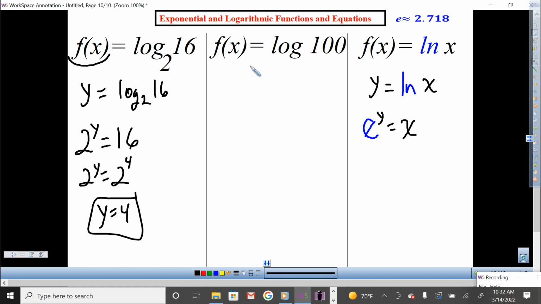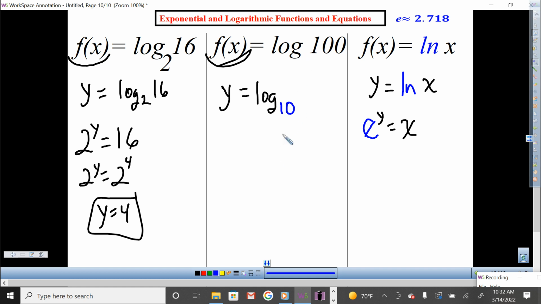Next. Once again, this becomes what? y equals, and I'm going to write log. Now watch, look up. Whenever you don't have a base, the base will always be 10. Let me repeat that again. Whenever there is no base for the log, you would always write what? 10.